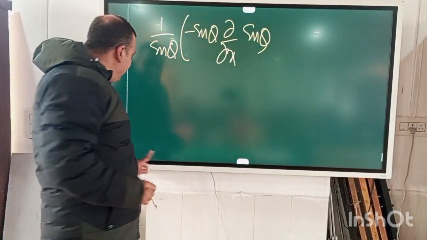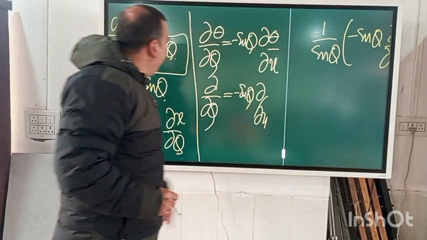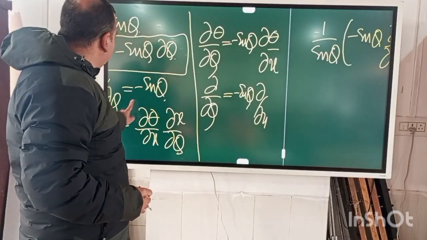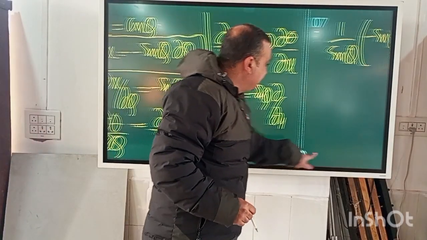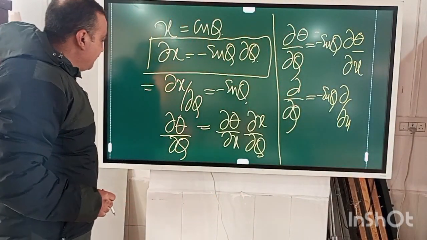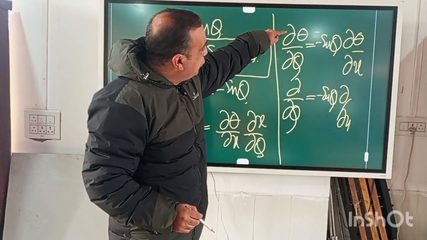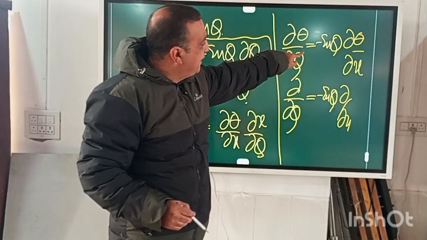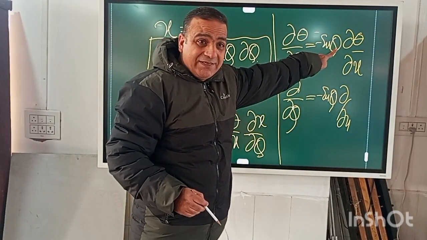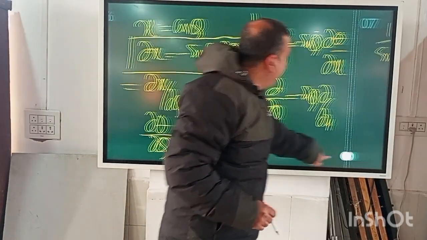Then dou capital theta by dou small theta, that's minus sine theta dou capital theta by dou x. Check that.